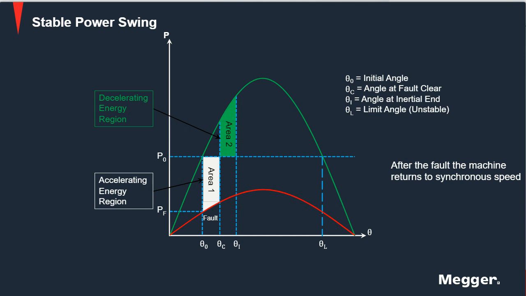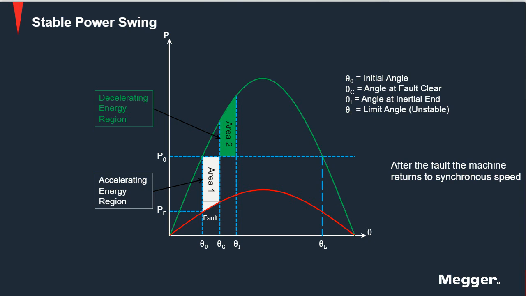It's accelerating, and as it is accelerating, it is gaining energy, right? And remember that the kinetic energy of a body is proportional to the square of the angular or linear speed that the body has. So now we are gaining energy, and at some point we're going to have to lose that energy.